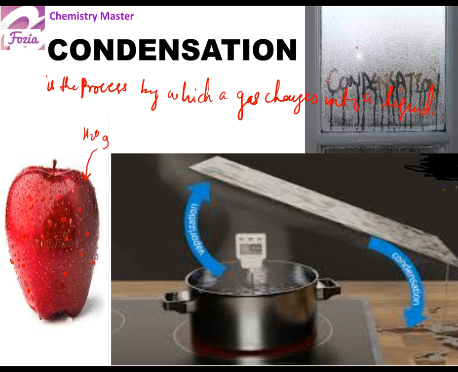Similarly, you can see it on the window, or when we park a car outside, on the screen and the body of the car we see tiny droplets of water. These are the condensed water molecules from the air.